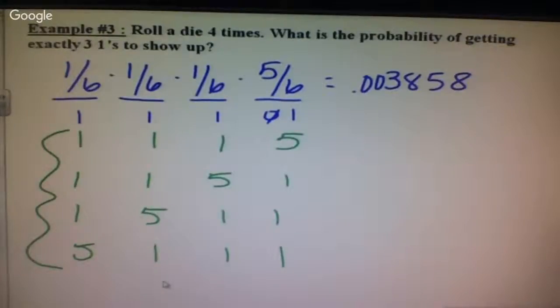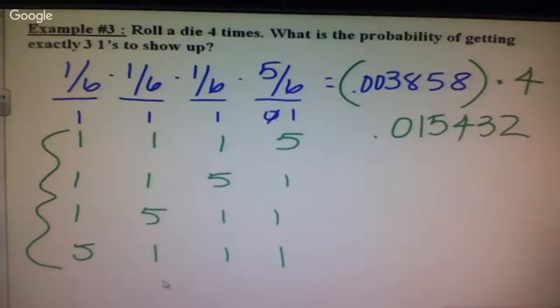It tells me how many ones, but it does not tell me where they go. Because there are 4 different ways to arrange those ones, you would have to multiply this by 4. So your actual answer is 0.015432.